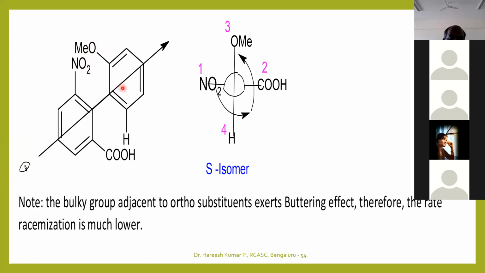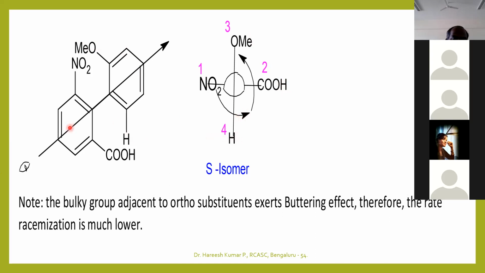And one more thing, this moiety is the vertical one and this is the horizontal one. Horizontal means when you are viewing from here, NO2 is on the left hand side and COOH is on the right hand side. And this is the top and this one will be the bottom.